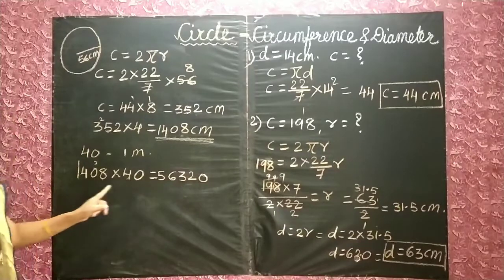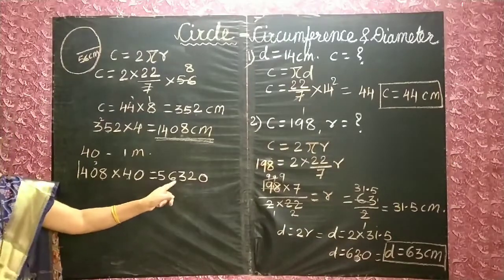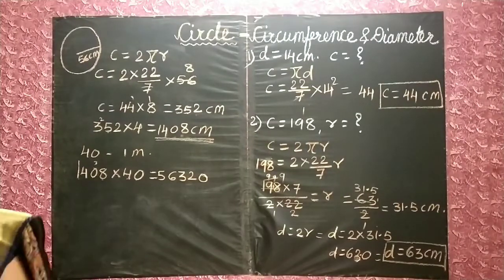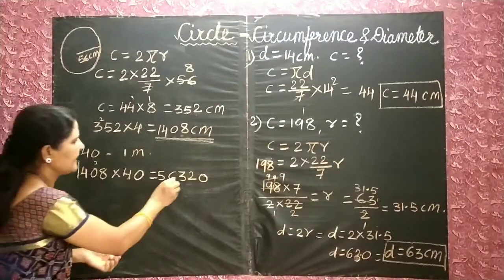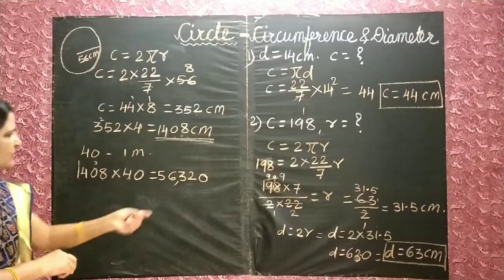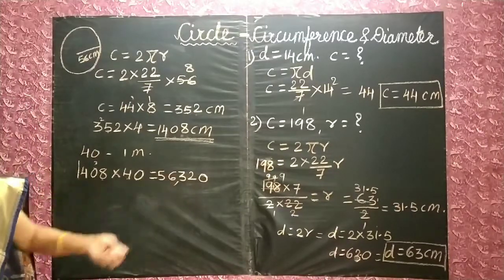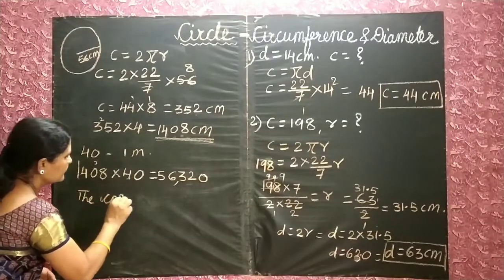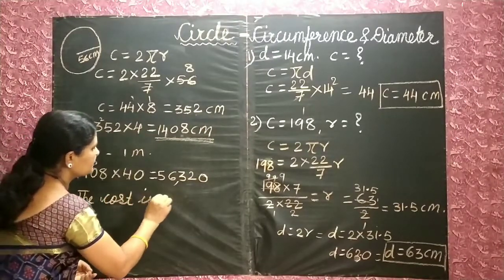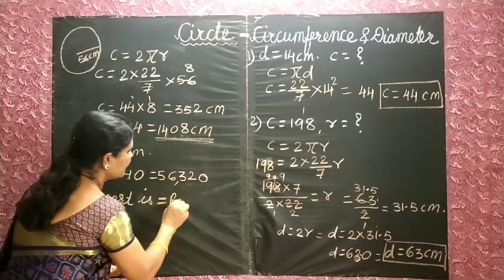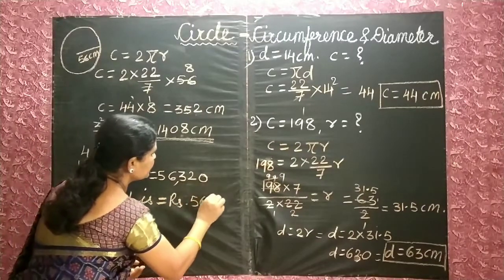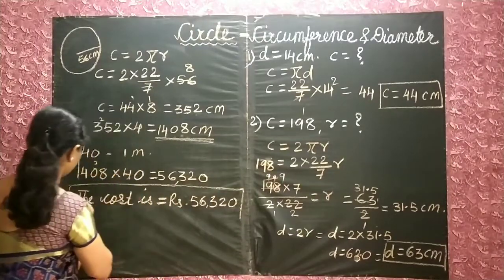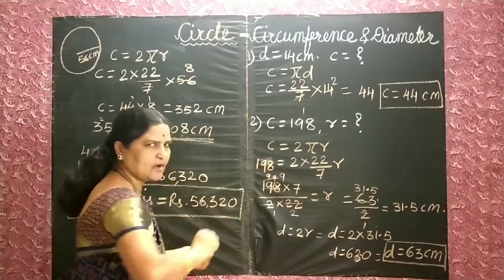This much rupees required. How much? 56,320 rupees required for fencing this ground. That means the cost is equal to rupees 56,320. This is the cost for fencing this given ground.